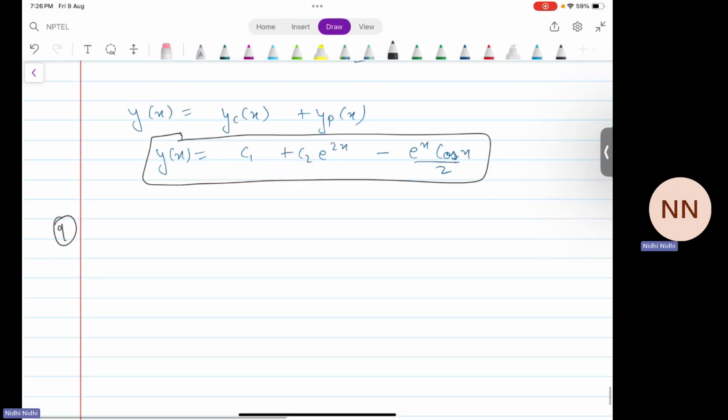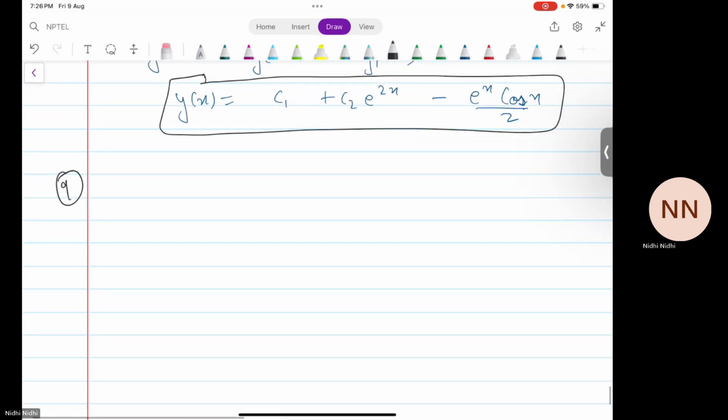Let's solve y double dash minus 4y is equal to sine 2x. Again, we'll start with finding the complementary function and then find the particular solution. Solution.